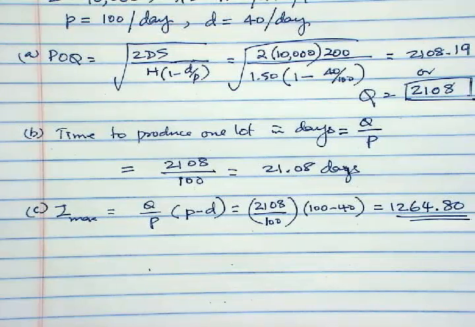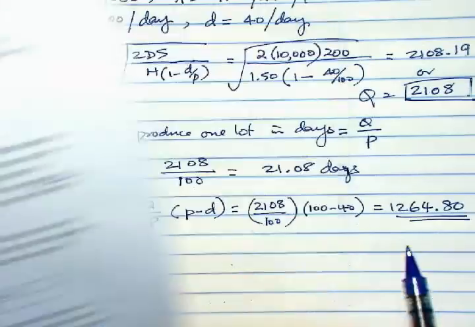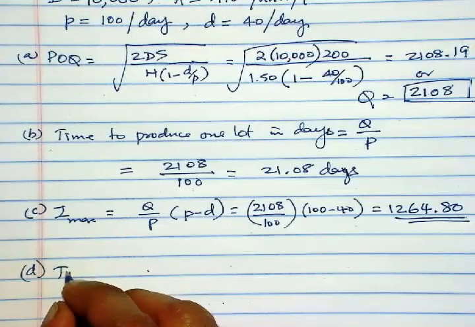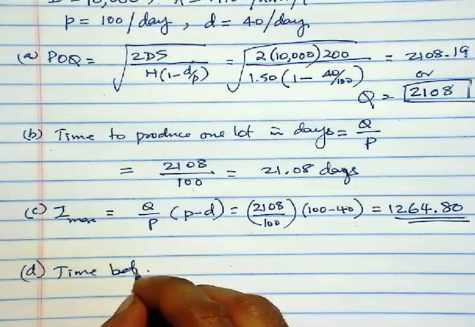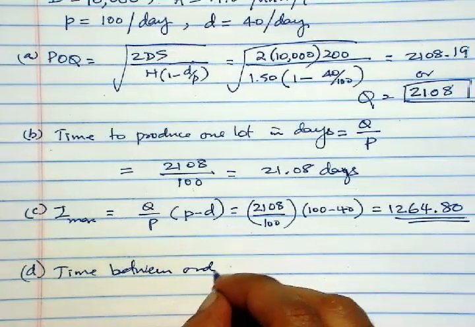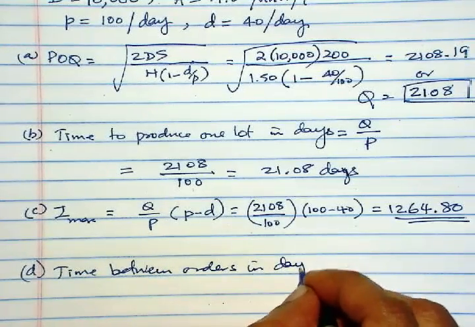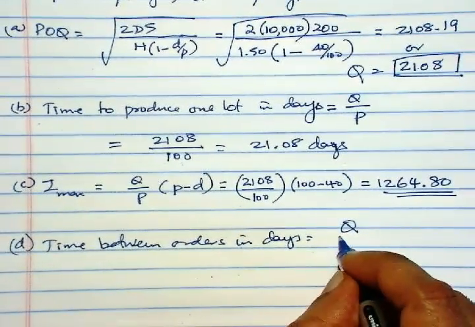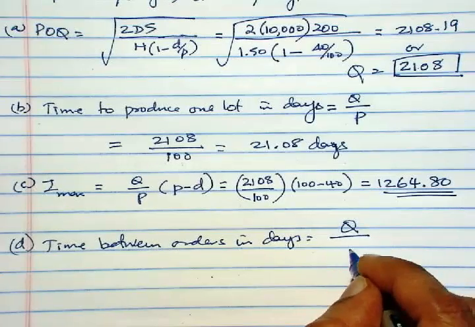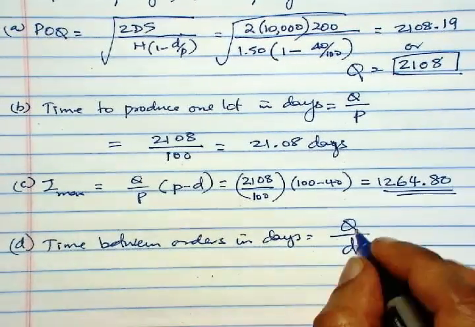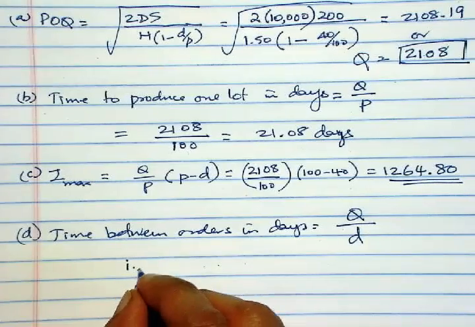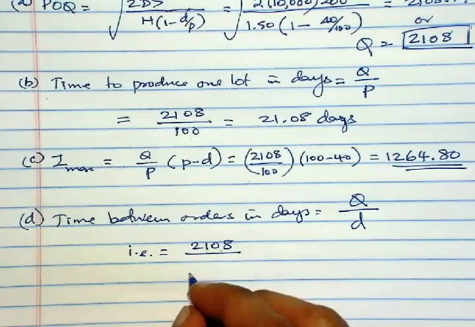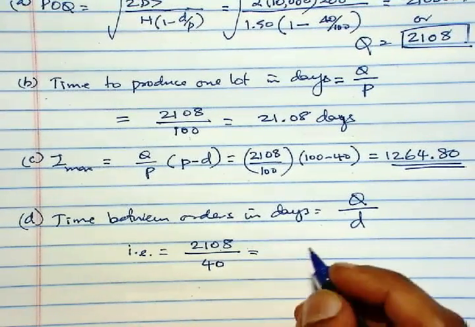The next question is, what is the time between orders in days? So time between orders in days is given by Q is the batch size, and how long will it take to consume all of that Q. So it will be Q over D, and that is equal to 2108 divided by our demand rate is 40 per day.